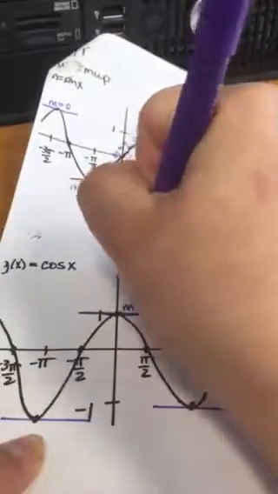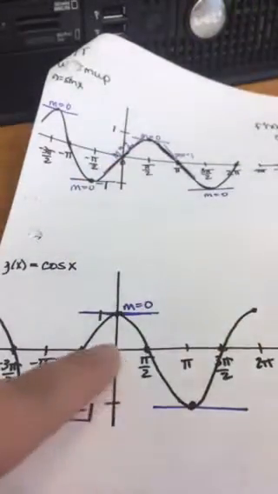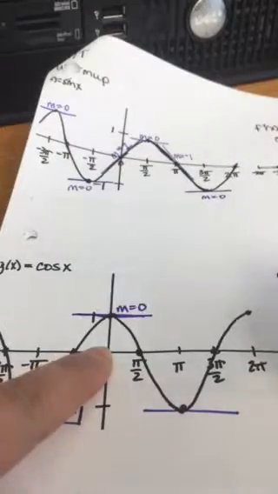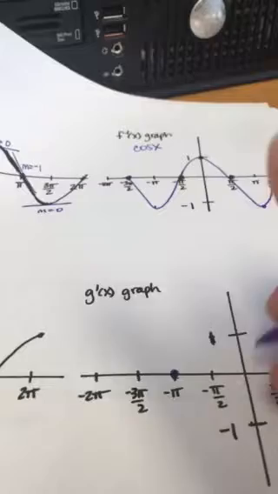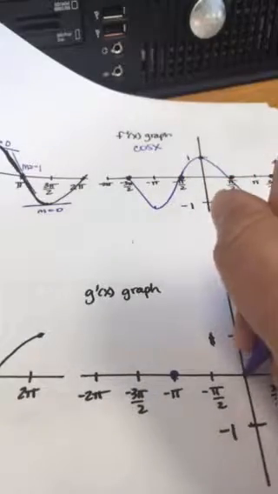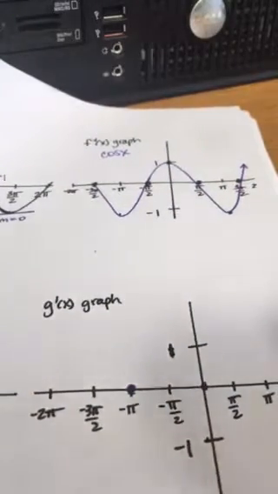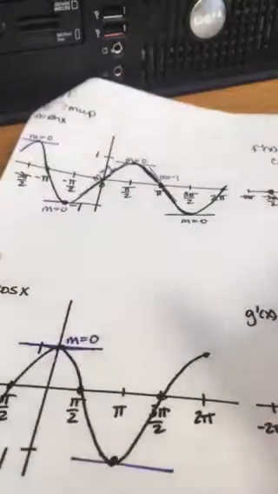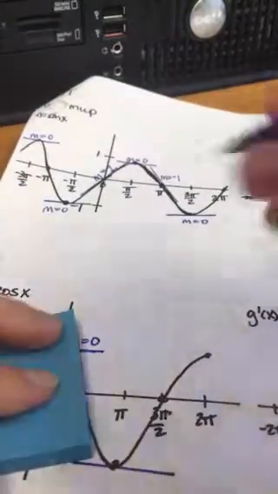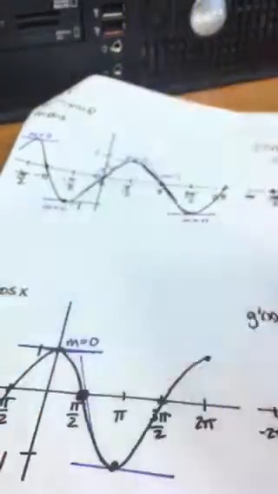The slope of any horizontal line is 0. At 0 there. So any peak or any valley, low point, it's a 0. And if I draw a tangent here, very similar to what I did on sine, draw a tangent here, whoa, should be touching.